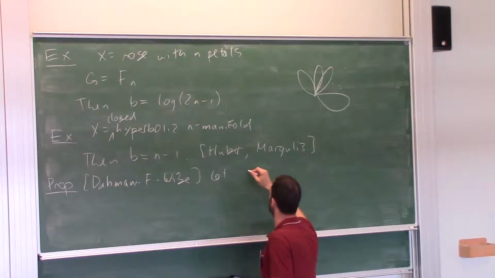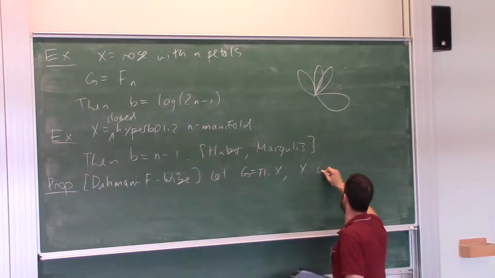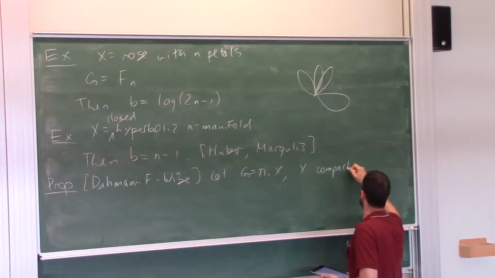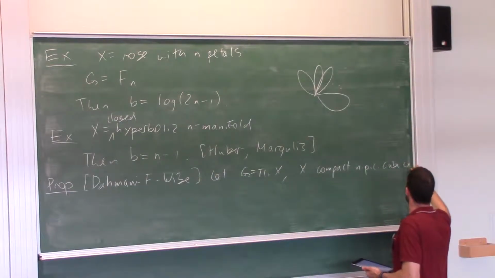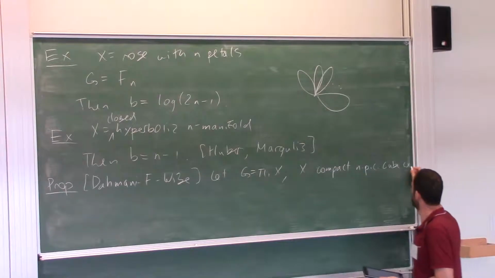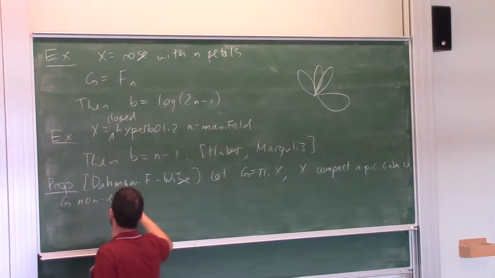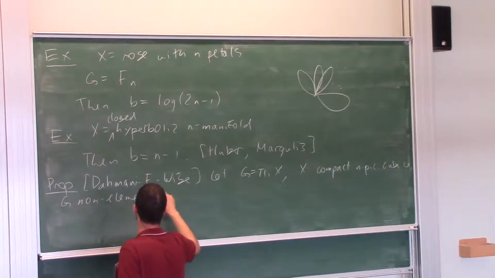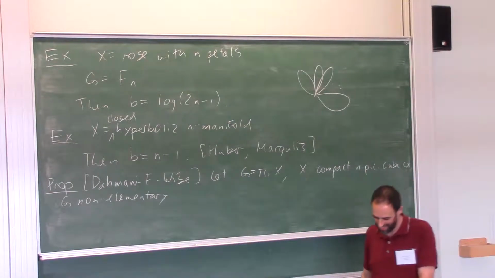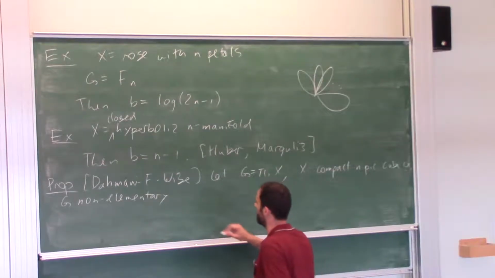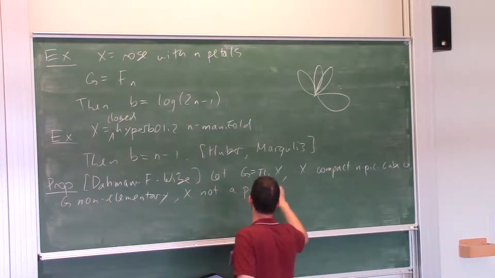So let G be the fundamental group of X, where X is a compact, non-positively curved cube complex, G non-elementary. I'm going to preemptively add the hypothesis so I don't tell a lie: X not a product.